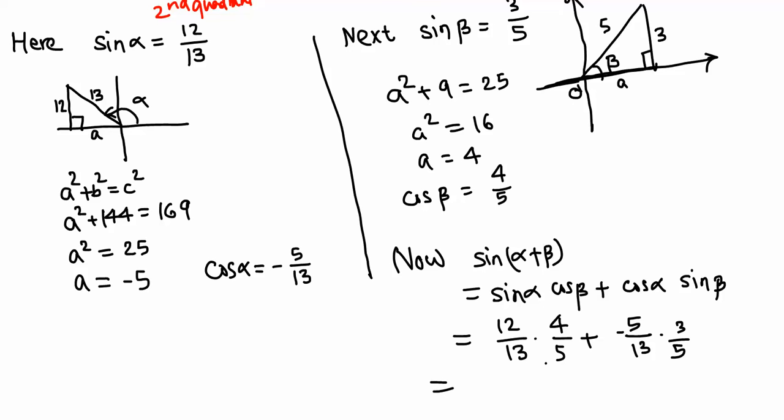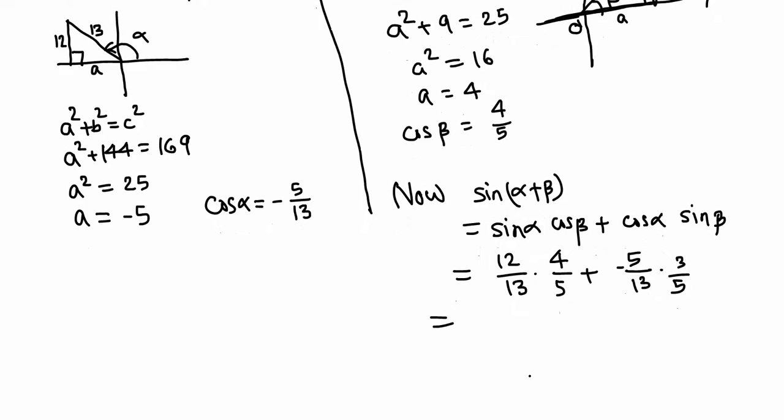Now we just simplify these fractions. Are there any cancellations? 5, 12, no common factors. So 12 times 4 is 48 over 13 times 5, 65. Minus, plus minus. Are there any cancellations?